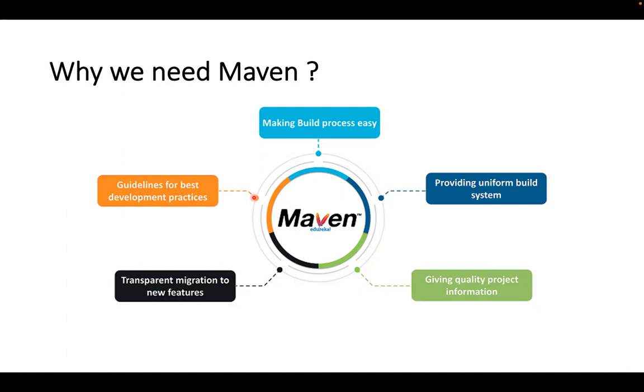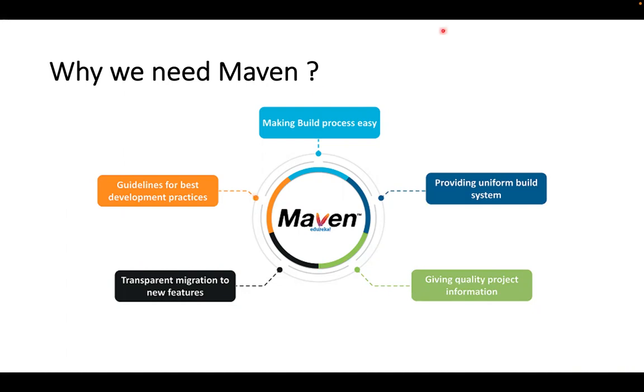Suppose I miss one or two jar files, or change one or two jar files with a different version, then my entire project will not be built. We'll get some compilation error and it will take more time to debug. But Maven makes the build process very easy.